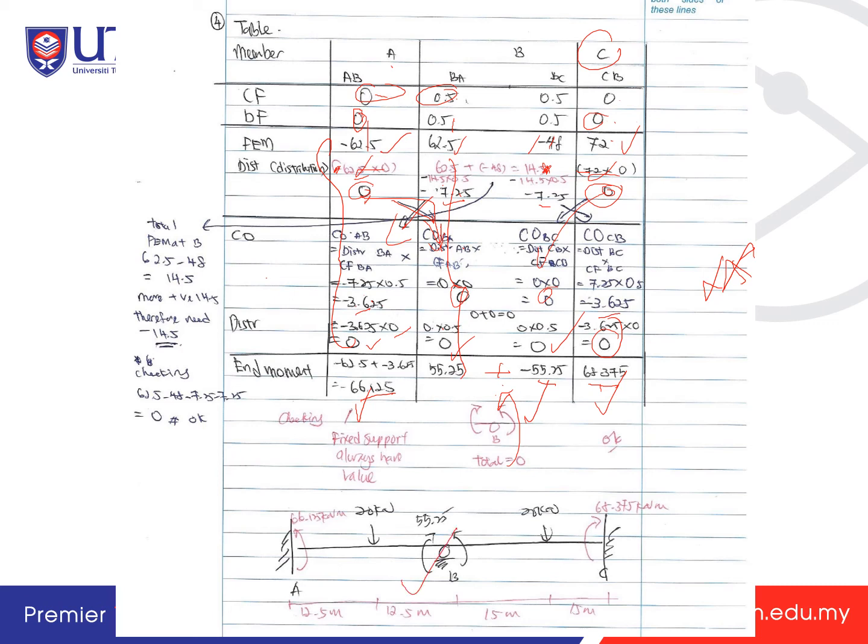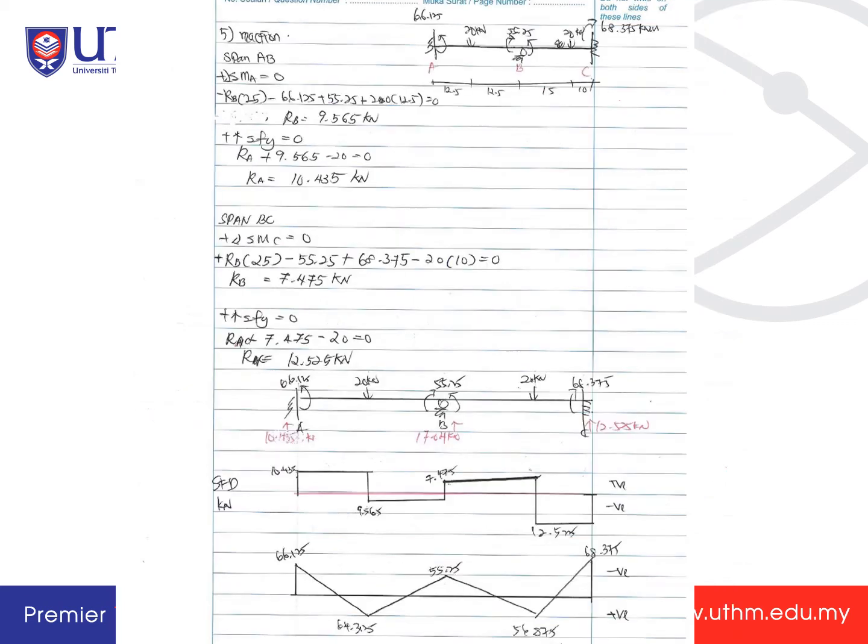So what you can do is, now you can get this support reaction. So support reaction, you calculate from span AB, span BC. Okay, then you will get RB1, and then you will get RA, you will get another RB, you get another RC. So after you obtain this, you will put into this.